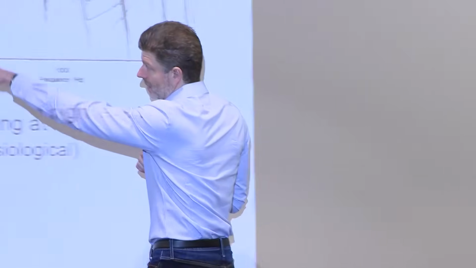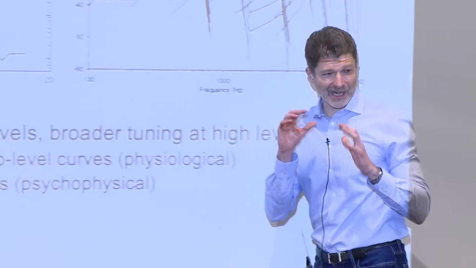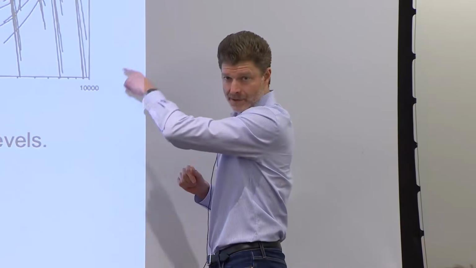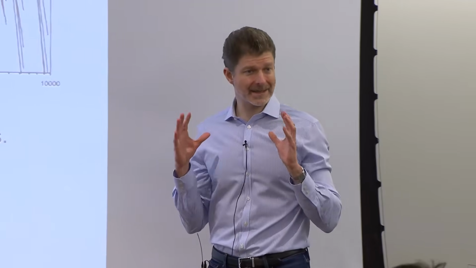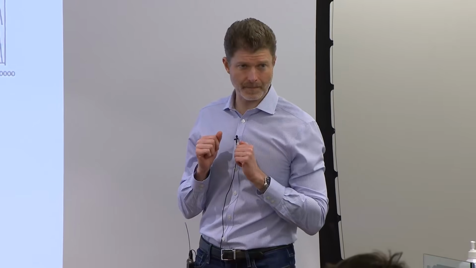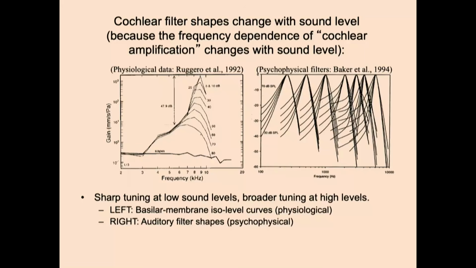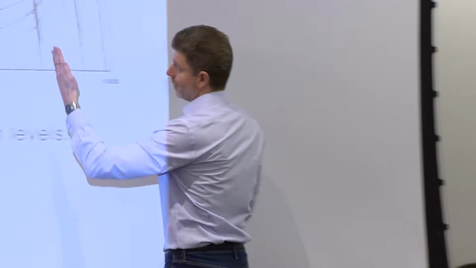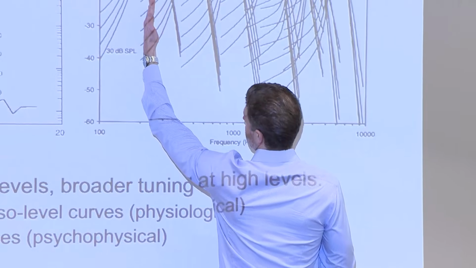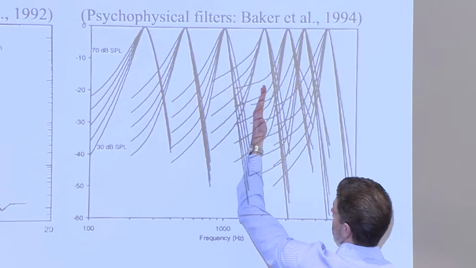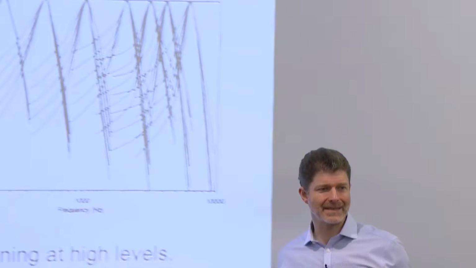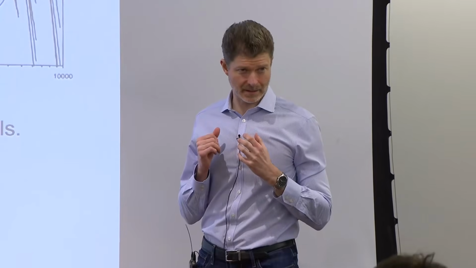So this is a physiological measurement, again, made of the actual motion of the cochlea. This is psychophysical measurements made using the masking experiments that we've been discussing. So each one of these curves is a measurement that's inferred from masking in a human with a particular signal frequency. So this is one signal frequency, this is another, this is another, this is another. And the different curves here are measured at different SPL levels of the signal.